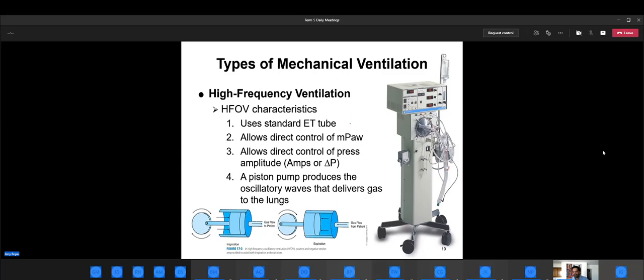And you can directly control your mean airway pressure. And let me just write here MAP, because we have to think about context. If you're looking at something related to ventilator settings and it's an oscillator, if you see MAP, chances are they're talking about mean airway pressure, not mean arterial pressure.